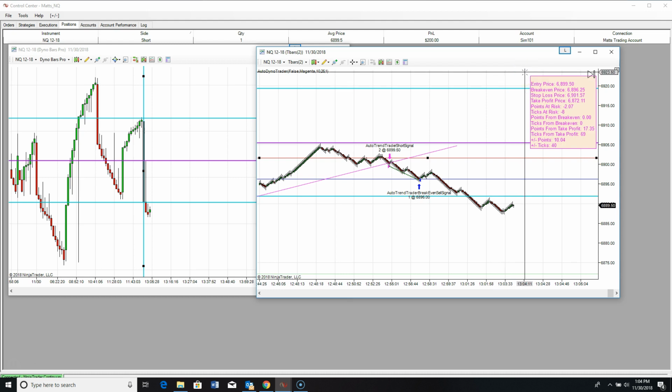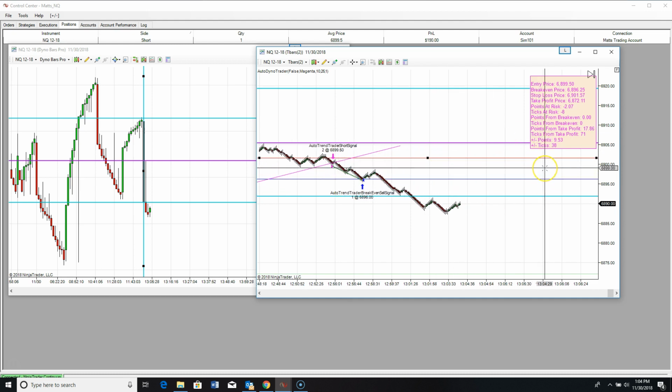You know, some of you might not like to trail down the stop. I like to typically, if I see upwards of 15 points or so, I'll probably look at moving this down to 0 at my entry position to stop.